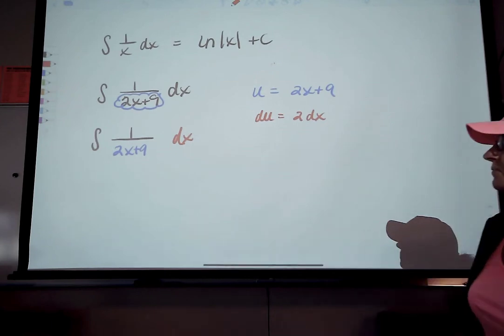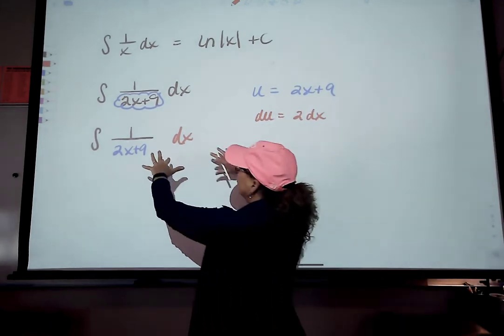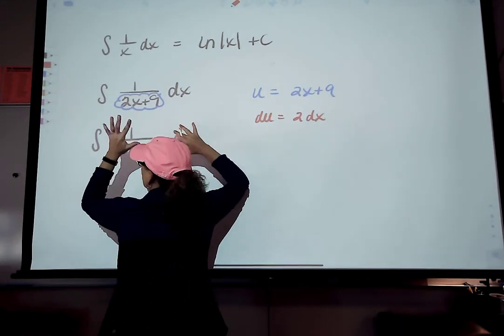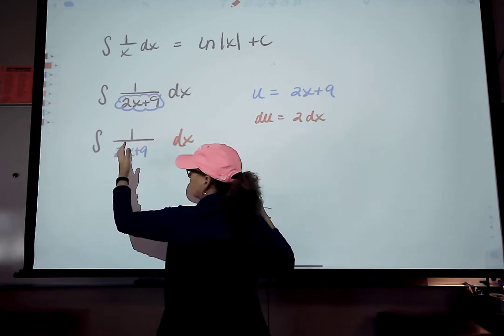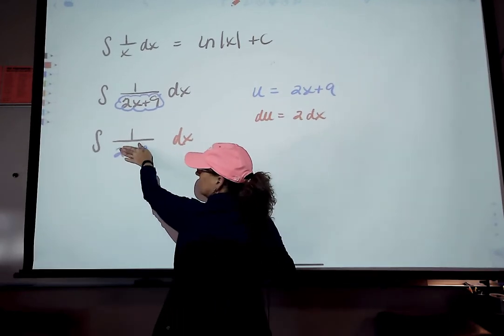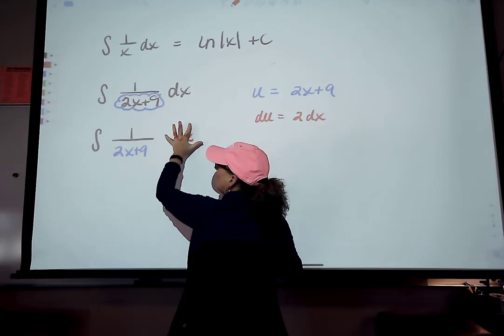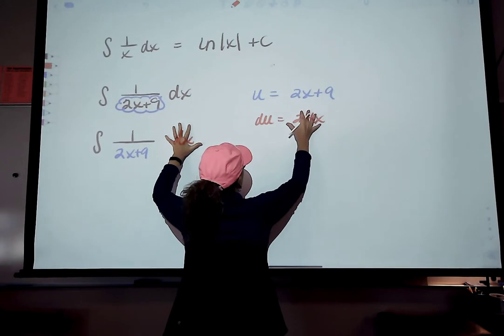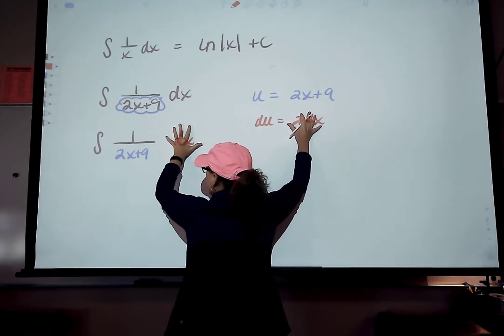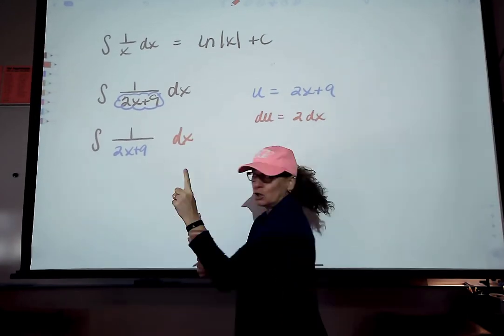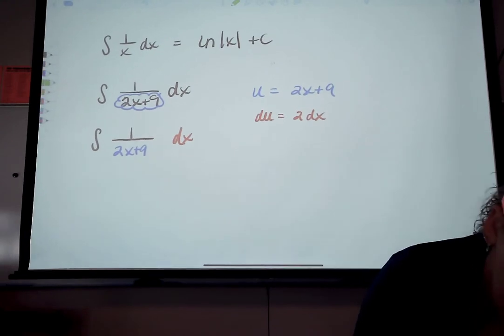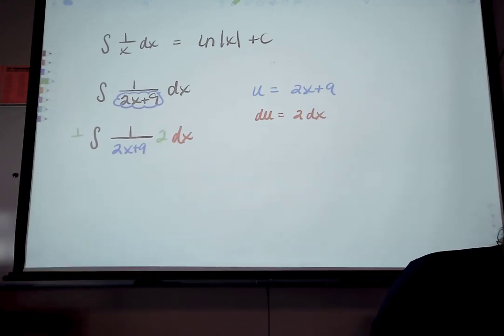So I just did a quick rewrite. I rewrote the exact same thing, but I color-coded it so that you can see my replacements. This is definitely going to become a u. I want this to become a du, but right now it's not equivalent. You're missing a 2. So throw a 2 on. Keep it legal.